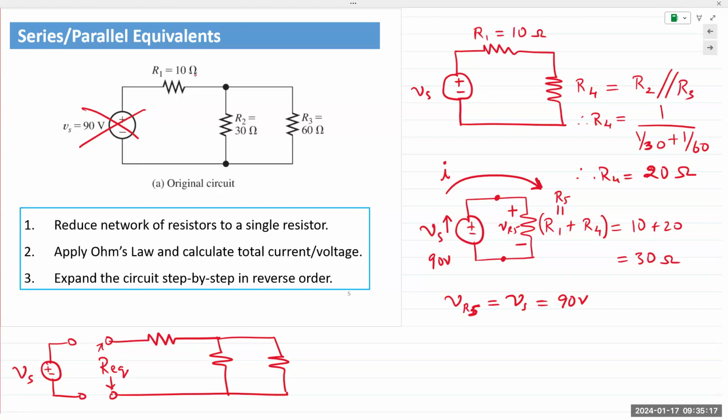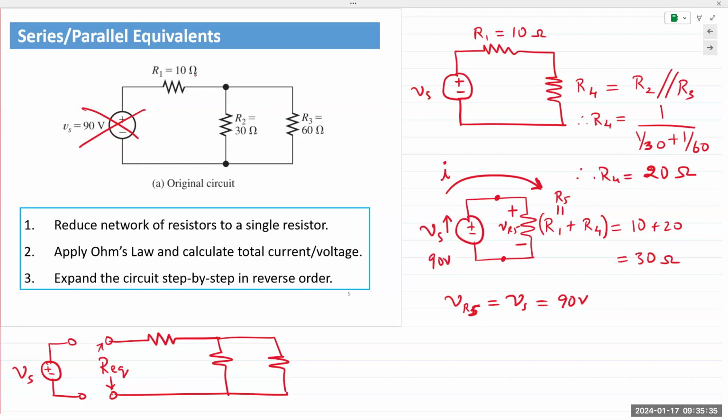And then once we reduced it to a single resistance, it's a simple case of applying Ohm's law. V equals IR. You have one voltage in that circuit, you have one resistance, and you have one single current. And that's it. We apply Ohm's law and we figure out what the value for I is.